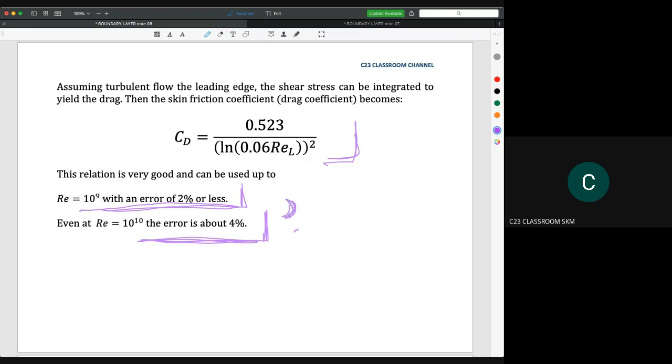What we could conclude here is that if you are solving for a very high Reynolds number, meaning the turbulence might be more than 10 to the power of 9, you are advised to use the empirical form. Instead, you are assuming your turbulent boundary layer velocity profile as a power law form, meaning y over delta to the power of 1 over 7 or 8 or 9, something like that.